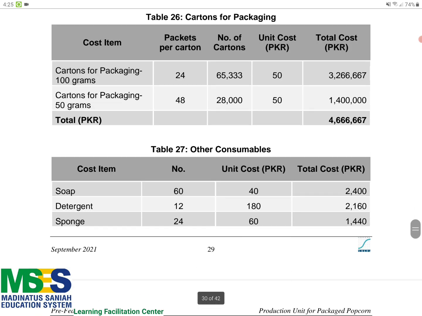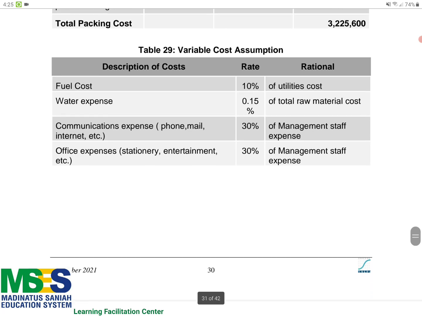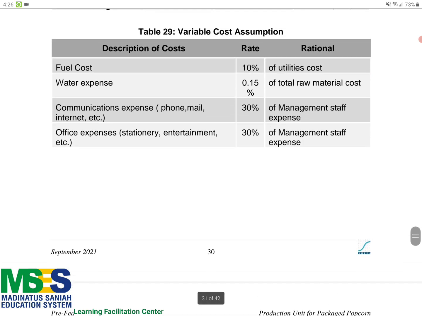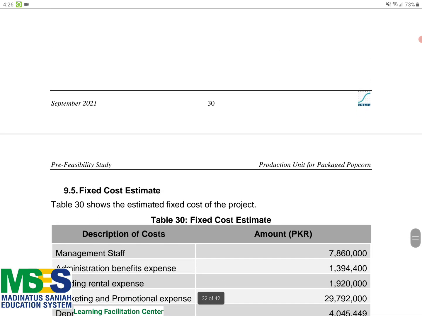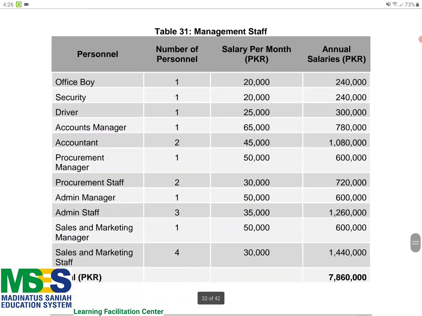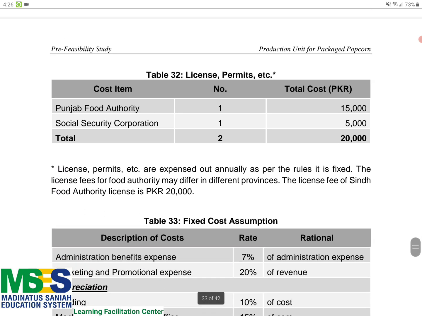They have exactly given us where you need to spend your money. Like they have told us that you'll have to have some licenses from Punjab Food Authority or Sindh Food Authority, wherever you are. But it is very cheap, only 15,000 rupees. It's a government fee. They will come and check if your equipment is okay, if you are using processes that are not injurious to health. Yes, it is necessary.